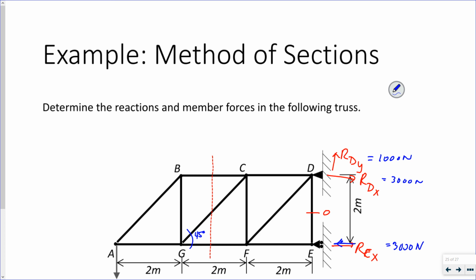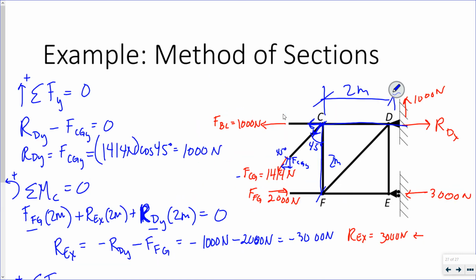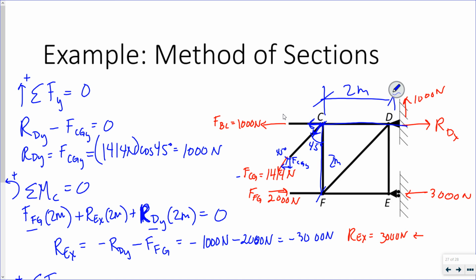So the sum of the forces in the x are 0, the sum of the forces in the y are 0. Always good to check equilibrium, do a little sanity check. Okay? So that is the method of sections, and that concludes what we will cover in trusses. Thank you.